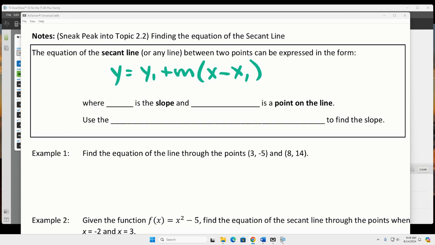So which one of those variables is the slope? Yes. And then how can you represent a point on the line as an ordered pair using those variables? What do you think represents a point on the line? x1, y1. Good.